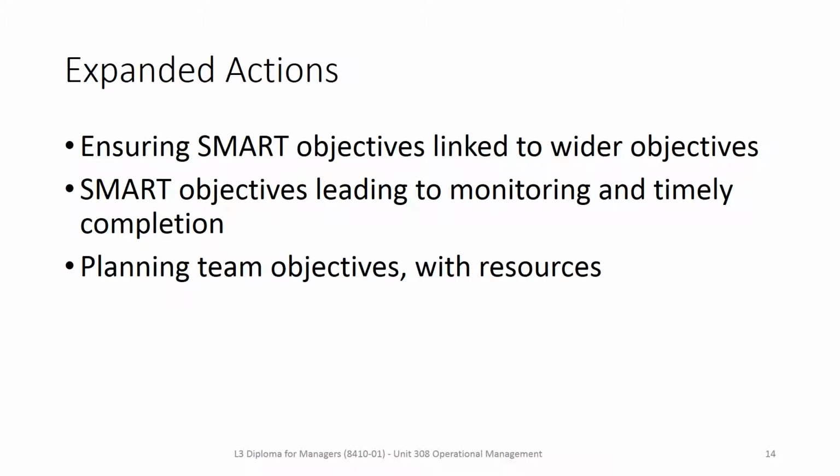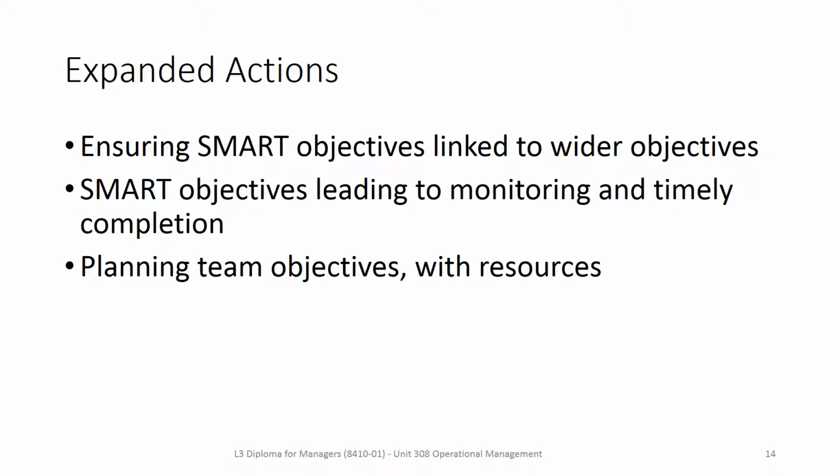Planning those team objectives along with the resources, including people, time, equipment, it's only going to be achievable if they have sufficient people, say for that last one we talked about, sufficient people for processing those orders so they can be done within 24 hours, and that they have access to the system, they receive the orders on time, and that they can access customer services and have the materials and information to do the reconciliation and reporting.